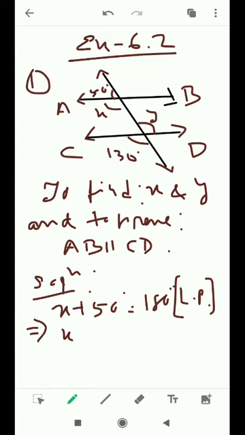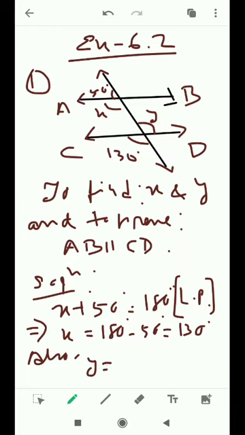So X equal to 180 minus 50. So we will get 130 degree. X is getting 130. Also from the figure you can see Y is equal to 130. Why? This is a vertically opposite angle. So Y is also equal to 130 degree.